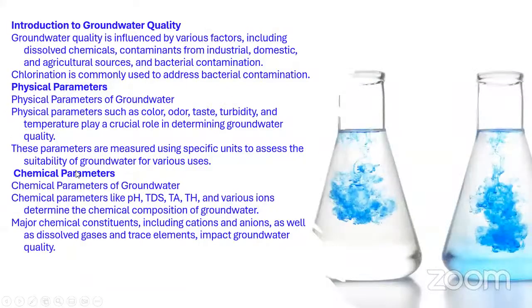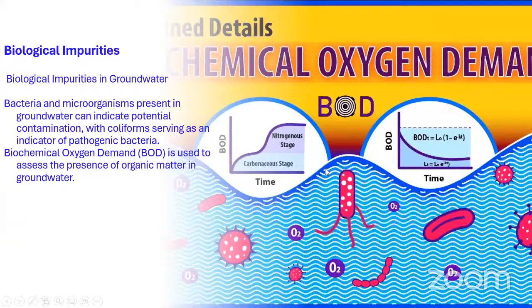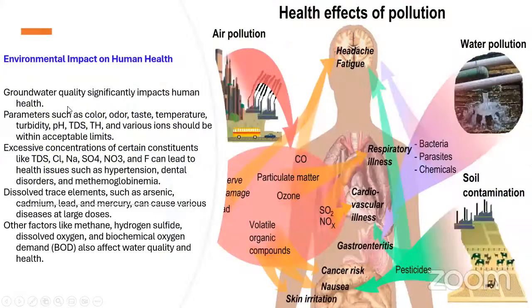What are the physical parameters? What are the chemical parameters? What is the classification? What are the major chemical ions, cations or anions, present in the groundwater? And you should remember coliform bacteria, biological impurities, and BOD standards.